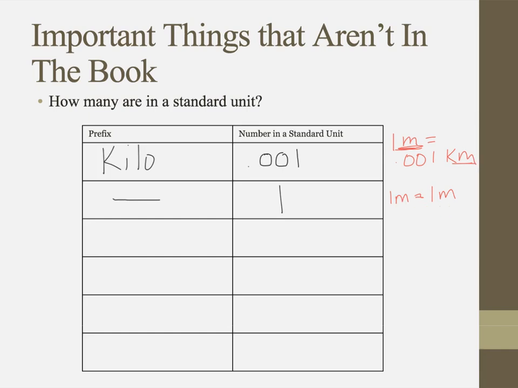The next one down that we're going to use relatively often is centi. Okay, and centimeters or things like that, there are 100 of these guys in a standard unit. So 1 meter is equal to 100 centimeters.